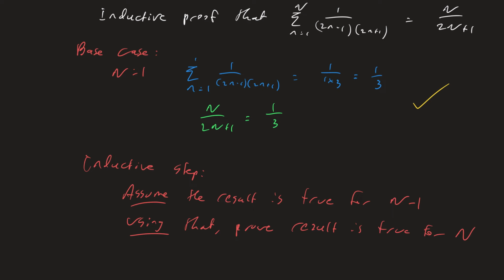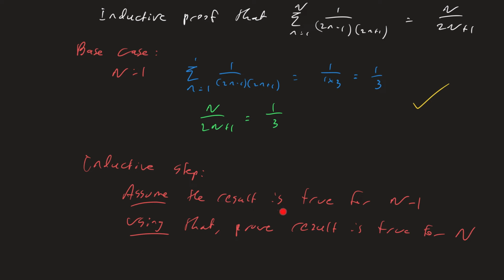Assuming that, for example, big N is 1,000, we can assume that the result is true for this sum up until big N equals 999, and then we want to use that fact to show that it's also true for n equals 1,000.